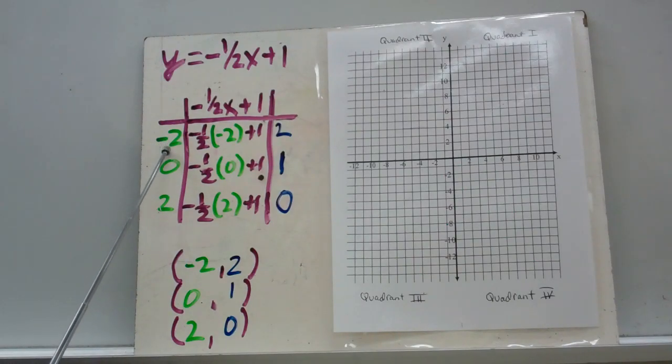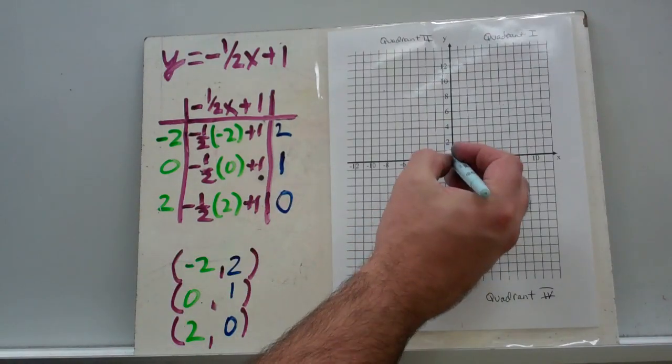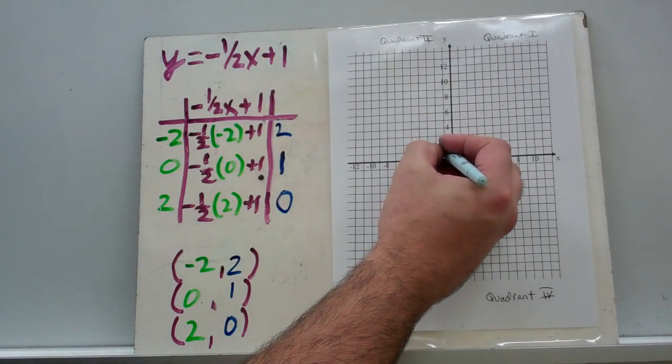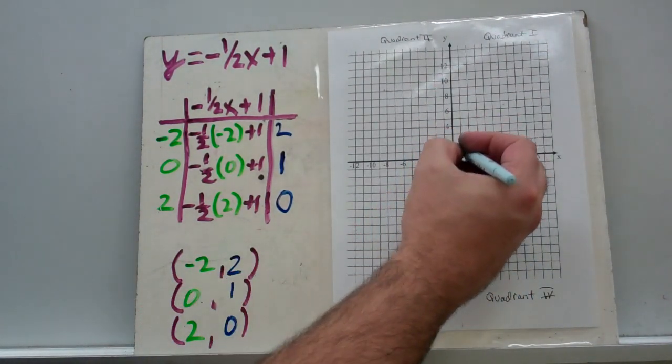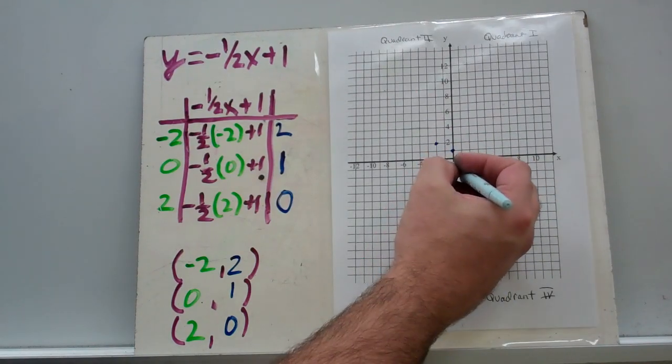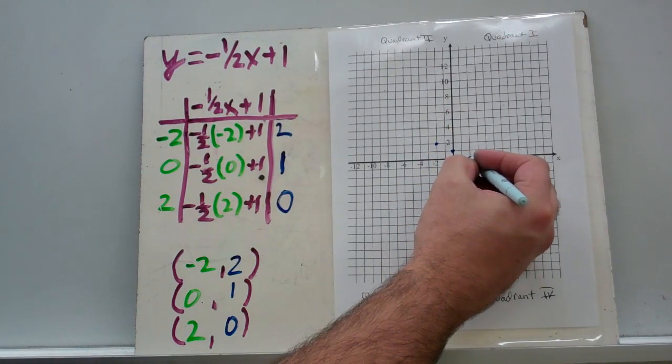So my coordinates are (-2, 2), (0, 1), and (2, 0). So let's go ahead and plot this.